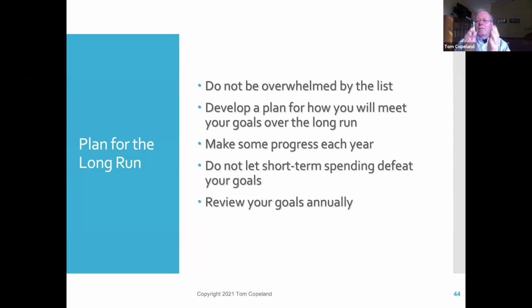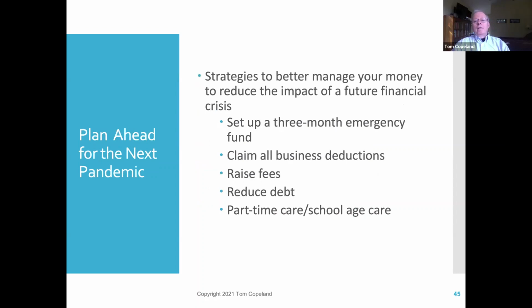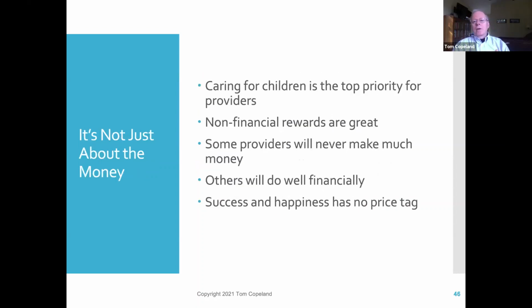Don't let spending now make it harder for you to save to reach these financial goals. That's why I stressed saving is so important when we started. Reduce your spending. Reduce your spending. That's what I want to say.